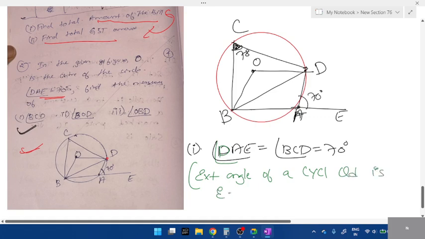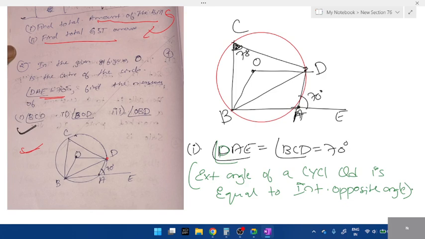Is equal to the interior opposite angle, right? So they can ask such questions even for MCQ. For MCQ, they'll give a basic question. Exterior angle of a cyclic quadrilateral is equal to the interior opposite angle.